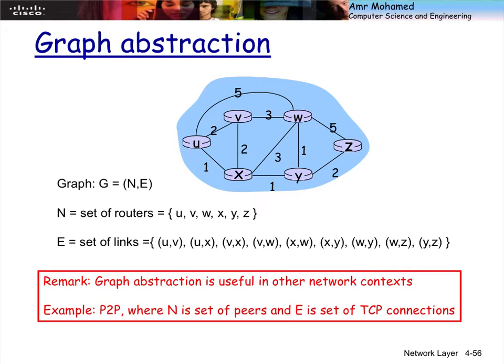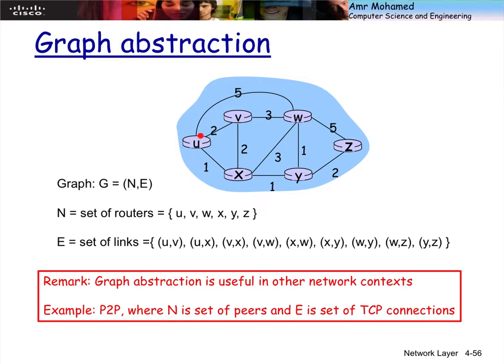So the cost can be one of these metrics or a combination of them. In general, the cost can be a combination of delay, bandwidth, reliability, and other things. In any way, we can measure that cost, and we set the edge cost.